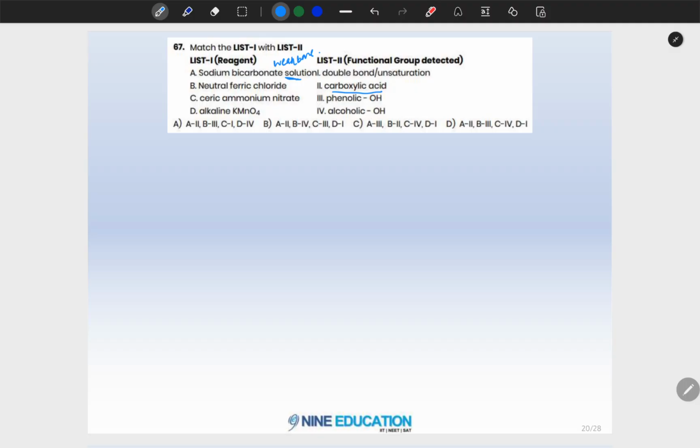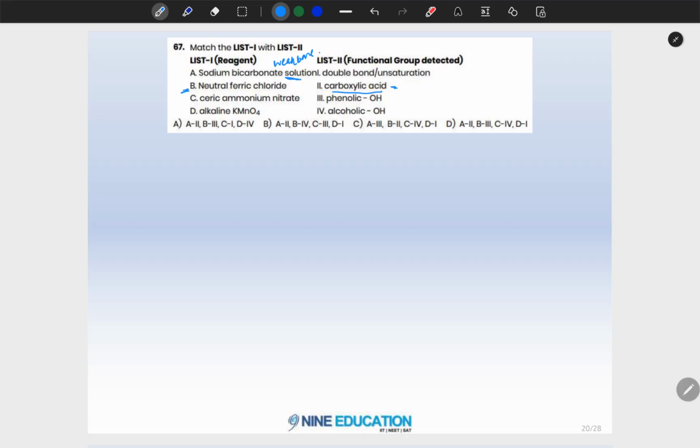A weak base will react with an acid resulting in the formation of salt and water, right? So an acid-base reaction will occur. So sodium bicarbonate solution will react with carboxylic acid, and it is used for the detection of carboxylic acid, because we get an acid-base reaction.